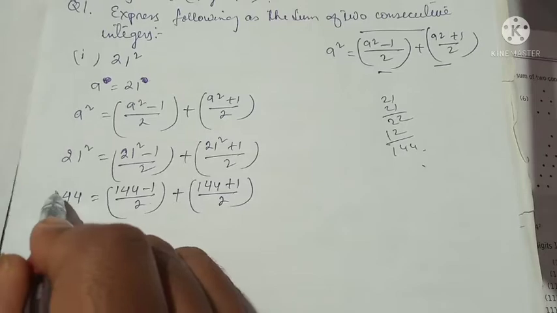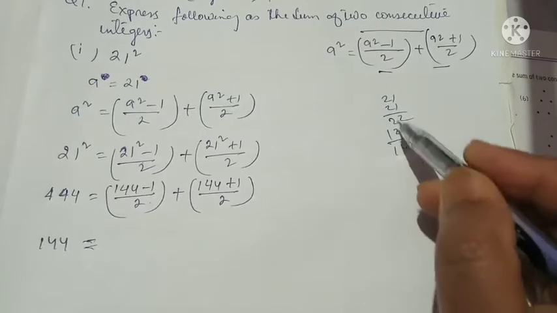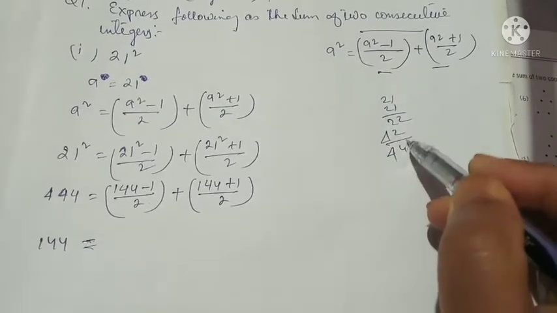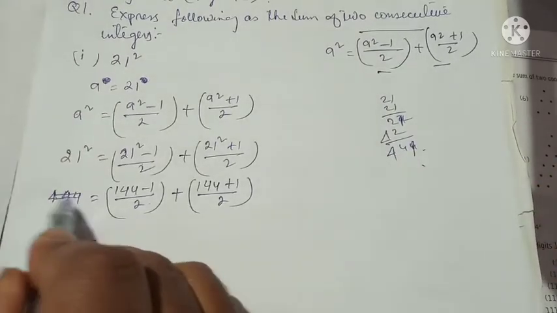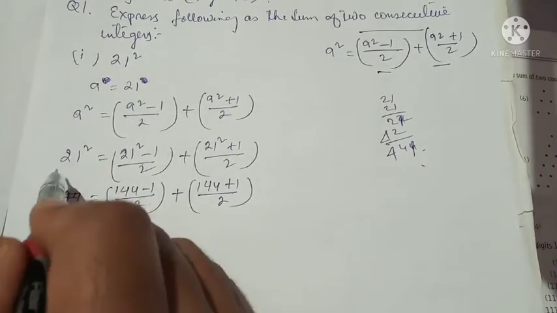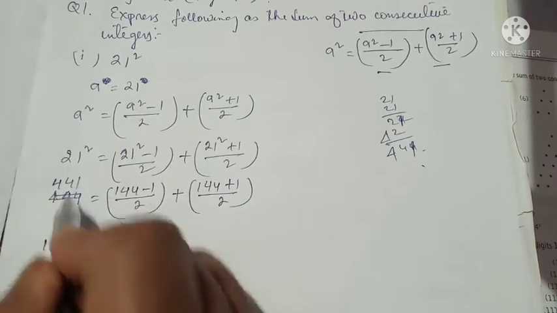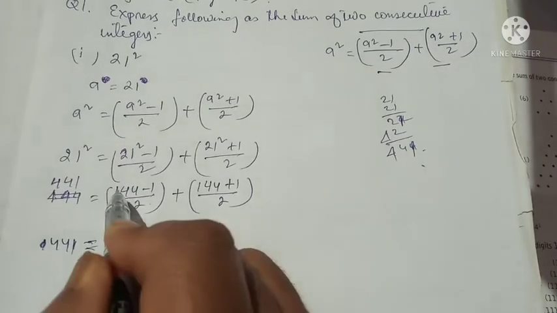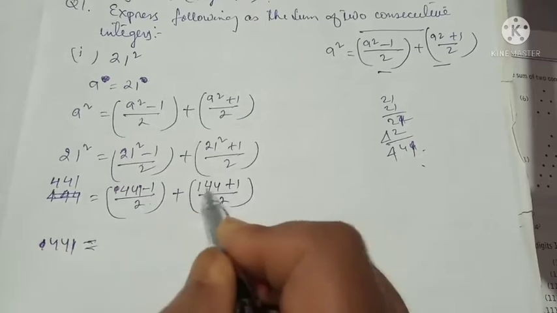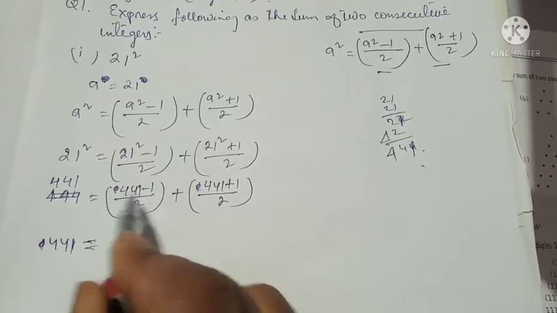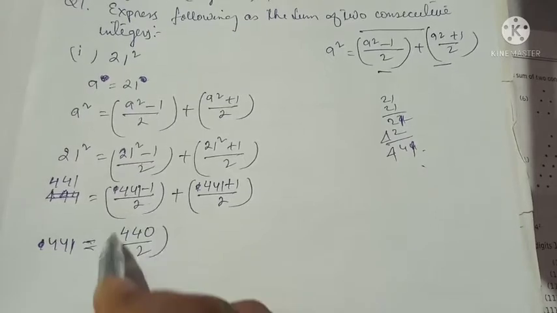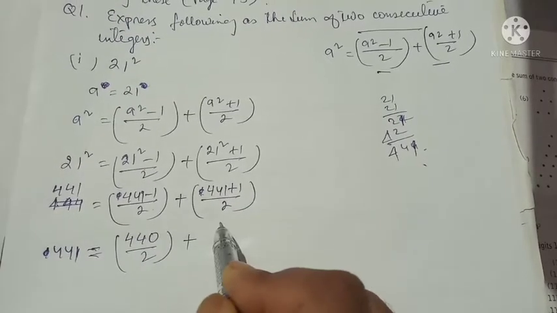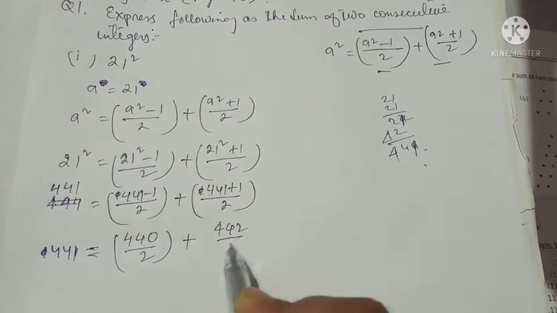Sorry, this is wrong, it should be 441. Then here comes 440 by 2 plus 442 by 2.